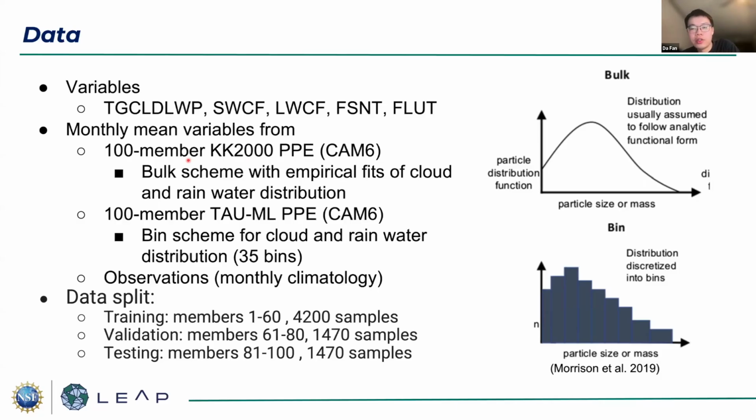KK2000 is the default bulk scheme in the CAM6 model using empirical phases of cloud and rainwater distributions, and it's computationally efficient. And the second source is the 100-member tau-ML PPE. tau-ML is a bin scheme for cloud and rainwater distribution with 35 bins.